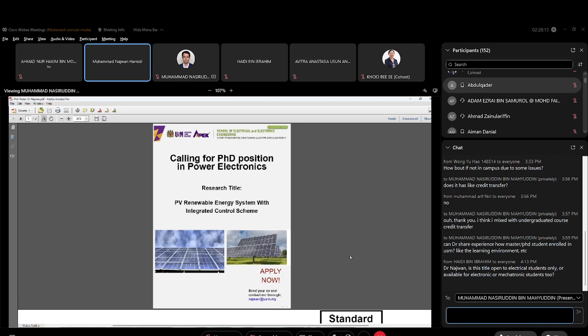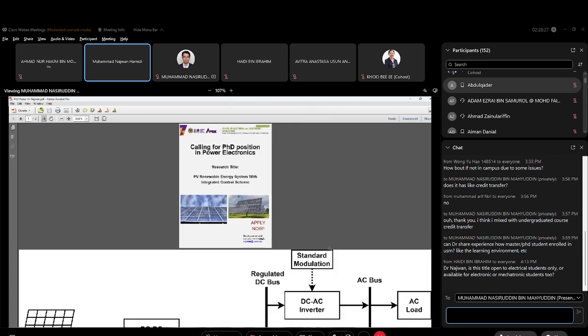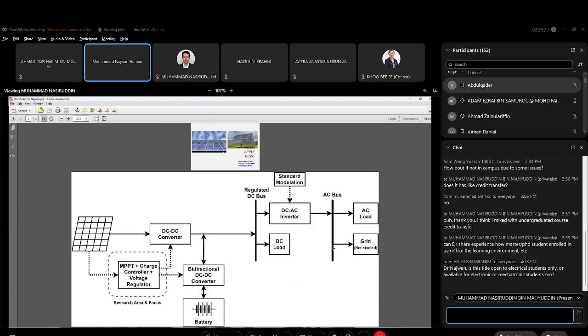All right, so the PhD position is slightly related to the previous MSc position, but it is more into the control scheme of a standalone renewable energy system. So instead of only looking at the DC to DC converter side, we are jumping further into the application to power loads, either AC loads or DC loads. The standard converters in the currently available system require at least 2 or more controllers.